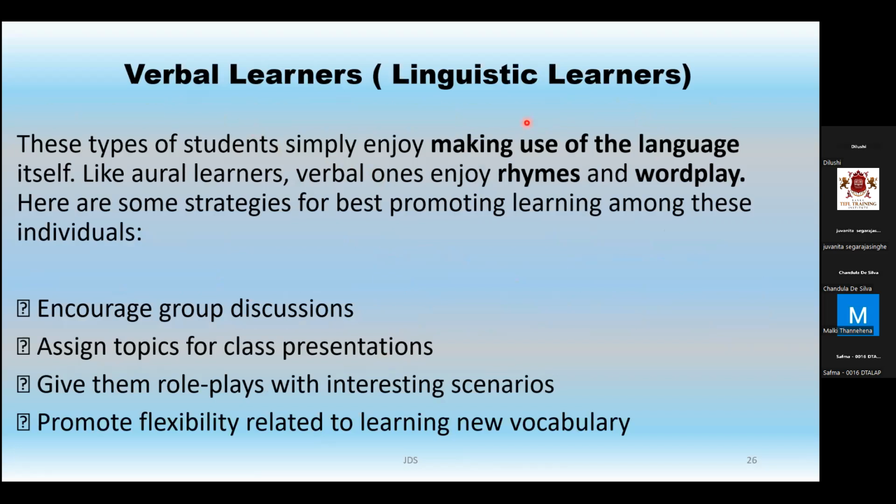Verbal or linguistic learners are people who make use of language elements. It can be proverbs, it can be idiomatic phrases, rhymes, all those will help them in learning the knowledge.